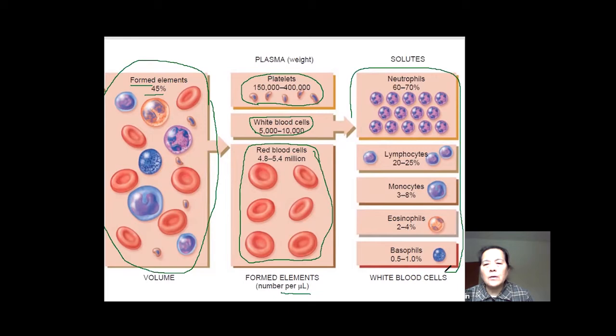Red blood cell has just one form. Platelets just one form. But white blood cells have 5 different forms. The biggest form is neutrophils.